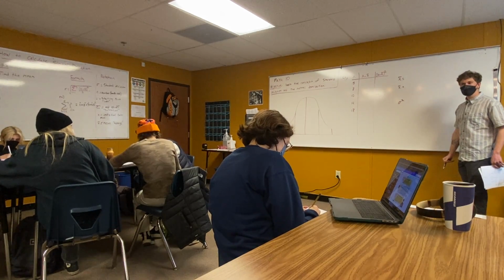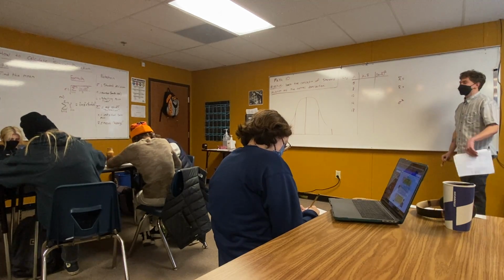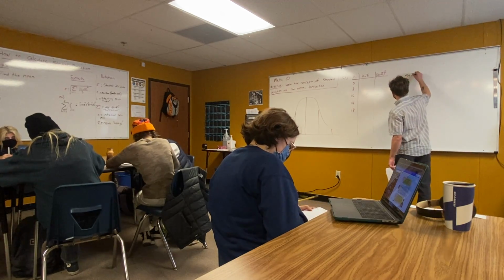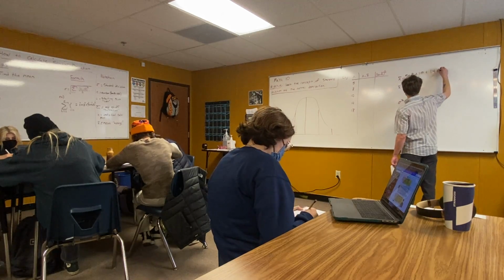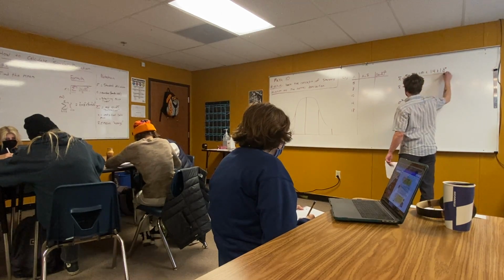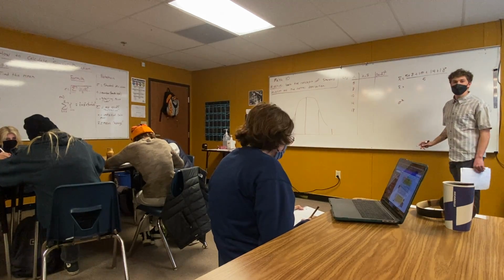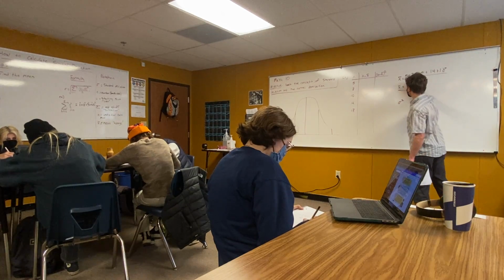How do I find the average? Oh, you add them all up together and then you divide them by how many there are. Boom, pow. Yeah. So I'm going to do 5 plus 8 plus 10 plus 14 plus 18 divided by 5, which is 11. Our mean is 11.